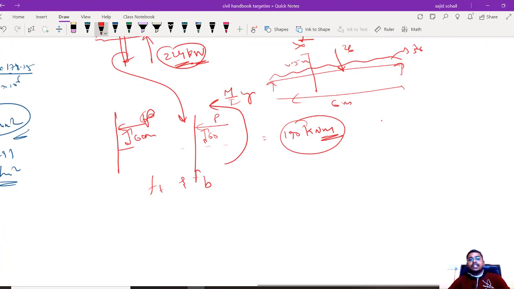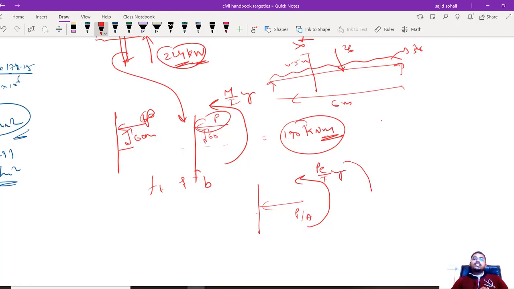So whenever I am transferring this load, the P load, to the neutral axis, I will obviously get P by A. As I am moving it to the center from the top, I will be getting my PE in this direction, PE by I into y, and obviously my moment which is M by I into y, right?